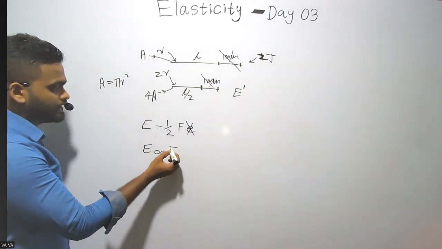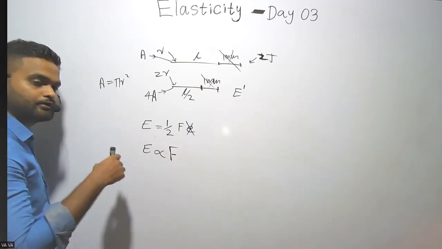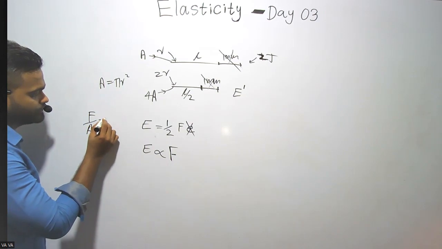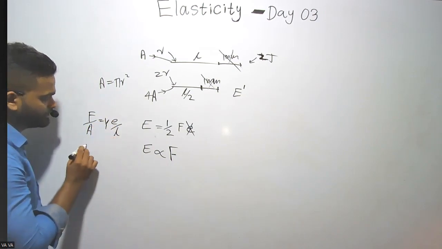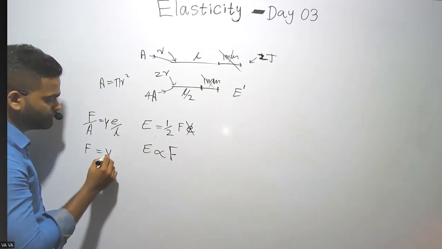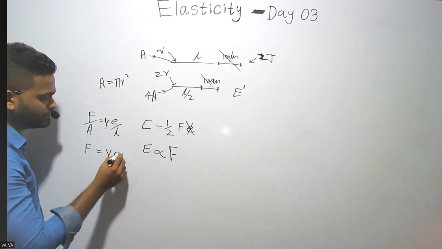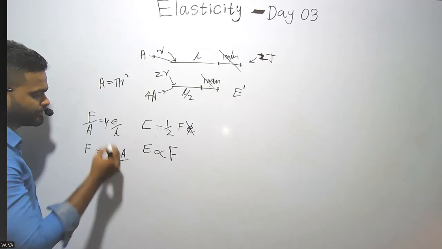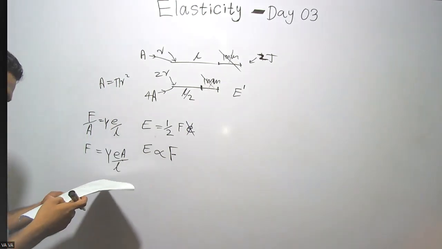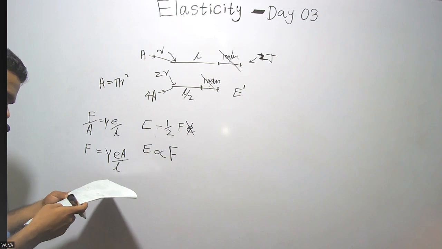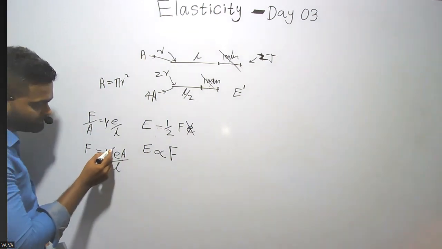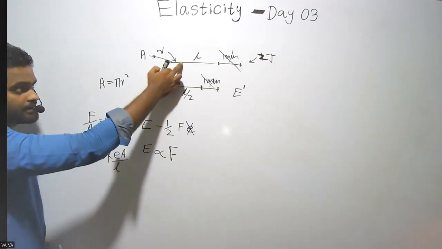To get the applied force, you are going to need the equation F over A equals Y e over L. So the force is, putting A to the other side, Y e A over L. Both are made of the same material, so you can get rid of Y when comparing these two.